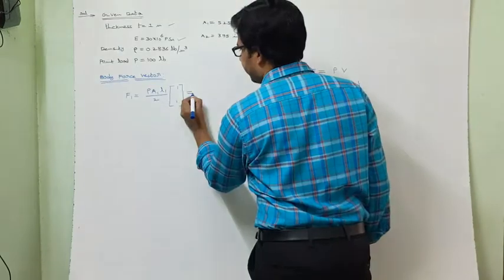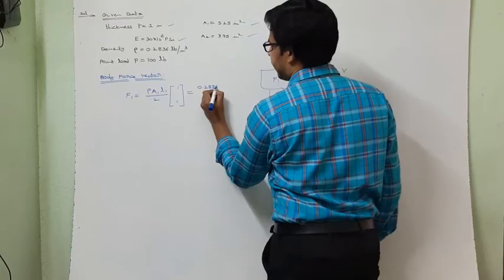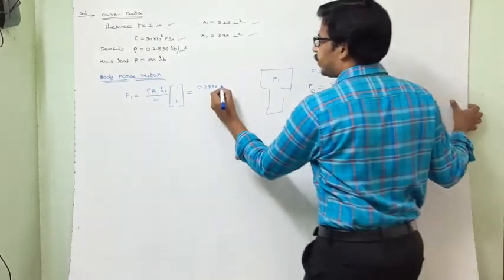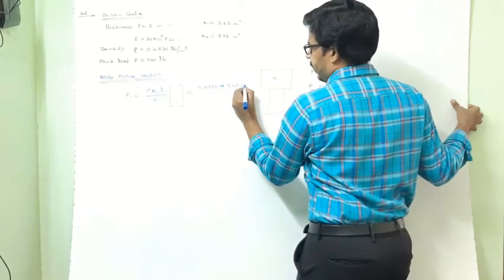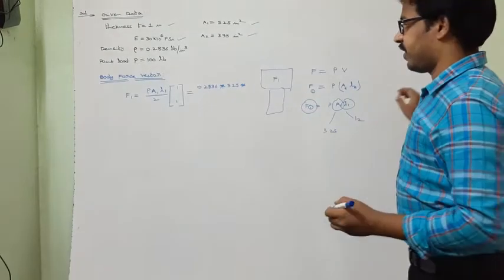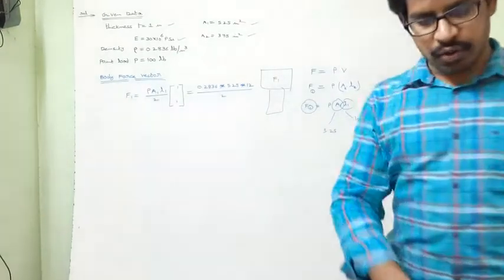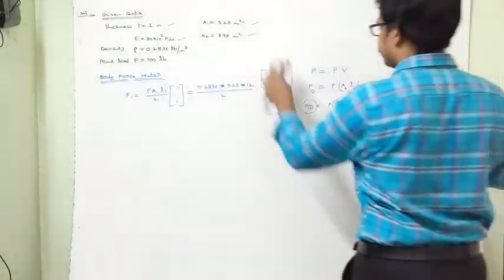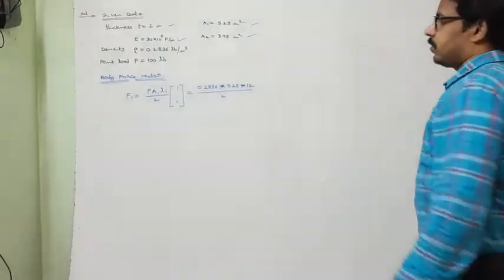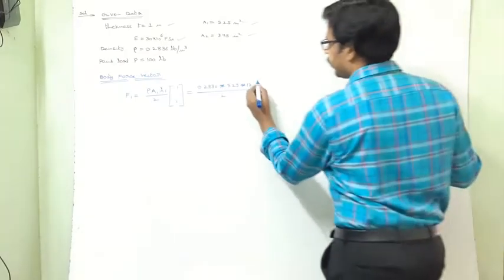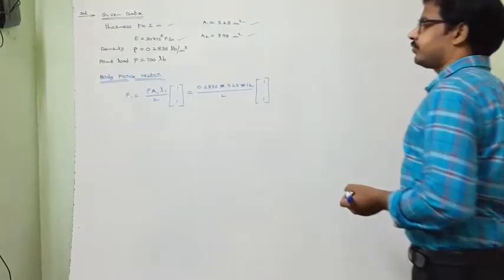So here what is the value? The density value is 0.2836 lb per inch cube, into, what is the A1 value? 5.25, into, what is the length of the first element? 12 inch. So 12 divided by 2, into 1 and 1.